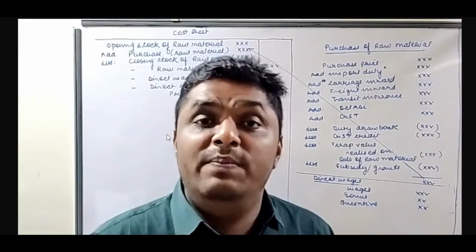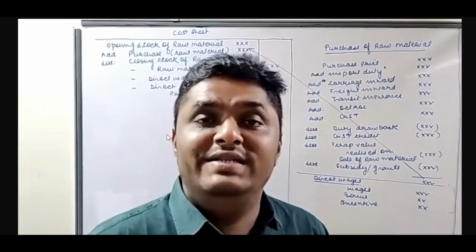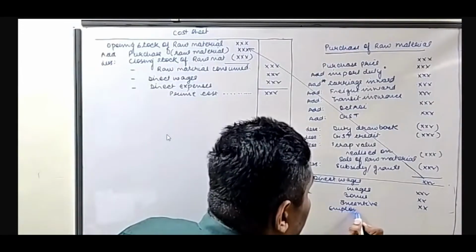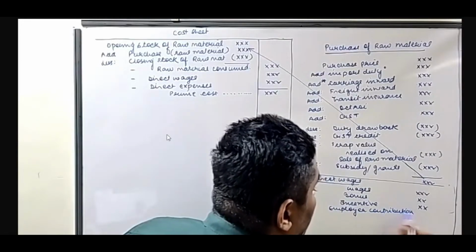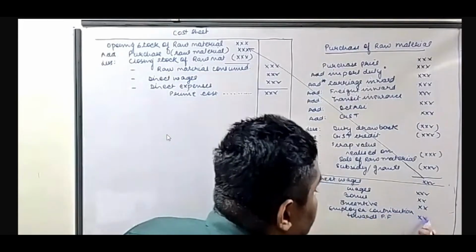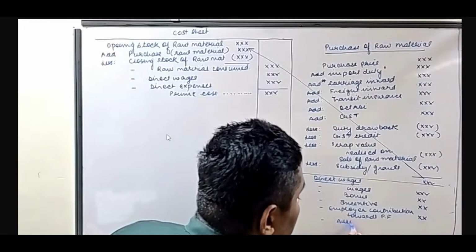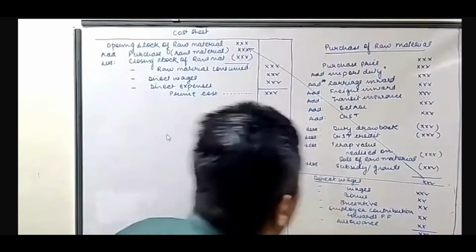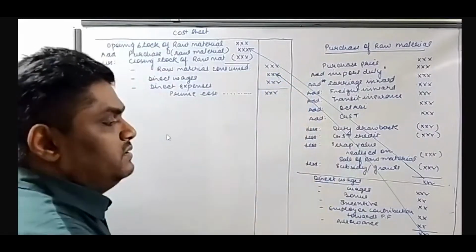Further, if we are providing them any perquisites, any facilities, or let's say the employer is contributing towards PF, Provident Fund or ESI, whatever it is, plus any sort of allowances received, all this will form part of direct wages.